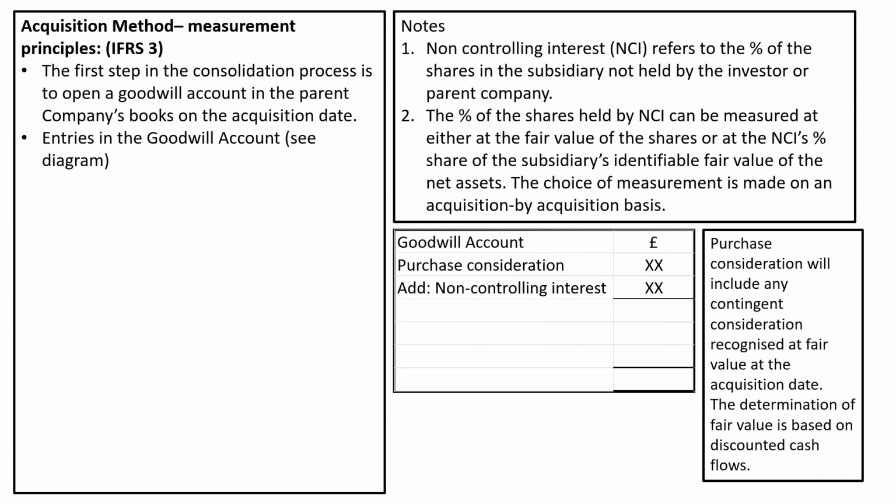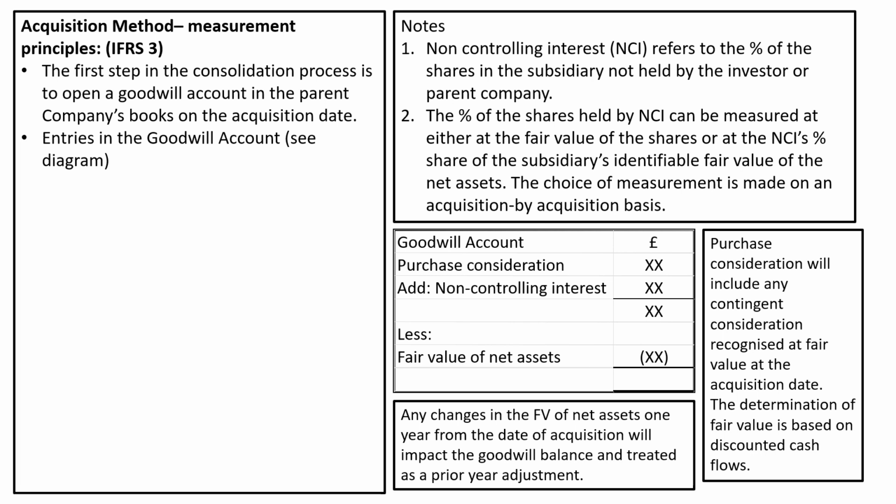The percentage of the shares held by the non-controlling interest can be measured either at the fair value of the shares, which is the market value of the shares, or at the NCI's percentage share of the subsidiary's identifiable fair value of the net assets. The choice of measurement basis is made on an acquisition by acquisition basis. We take away from those two the fair value of the net assets.